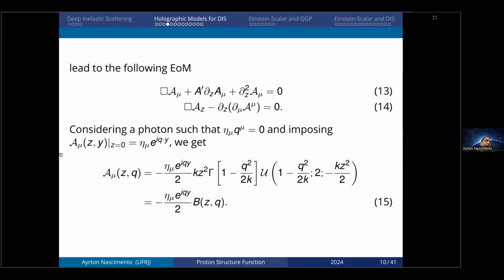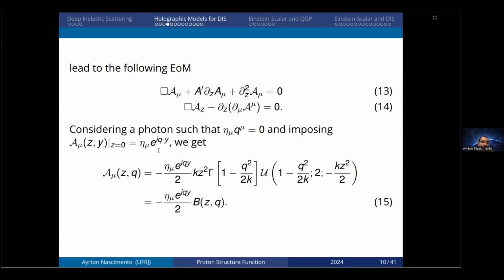If you consider a photon that has a transverse polarization like that, and this condition over here, for a photon you want the solution at the boundary of the AdS space to be a wave over here, okay?